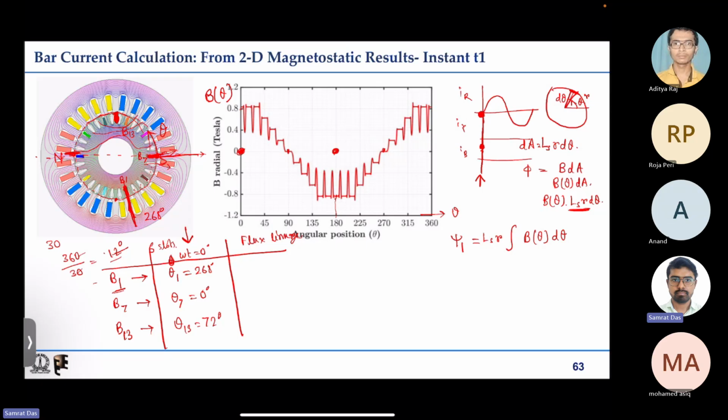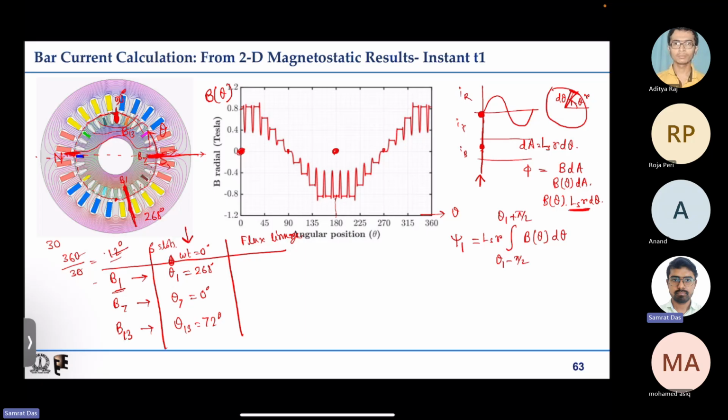If we are interested to calculate the flux linkage of this coil, and the conductor is at, say, 90 degree, we have to take integration from 90 degree minus 90 degree to 90 degree plus 90 degree, that is, in this case, 0 degree to 180 degree. So in a general case, if theta 1 is the location of the conductor at that given instant, then you have to take integration from theta 1 minus pi by 2 to theta 1 plus pi by 2.